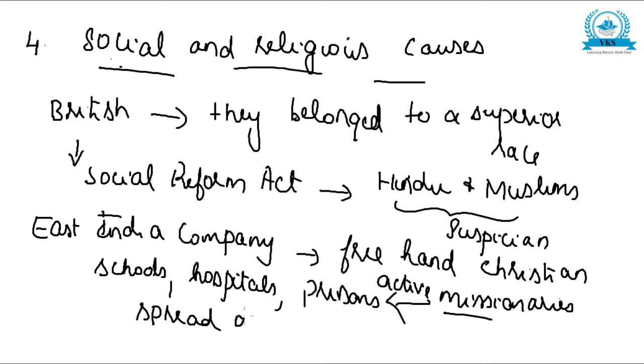They tried to convert Indians to Christianity. So this was also a big problem for Indian Hindus and Muslims. The Christian missionaries tried to spread Christianity among Indians, and that also created a dislike in the minds of Indians.